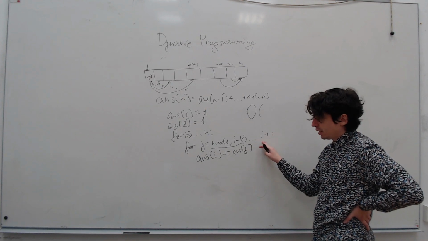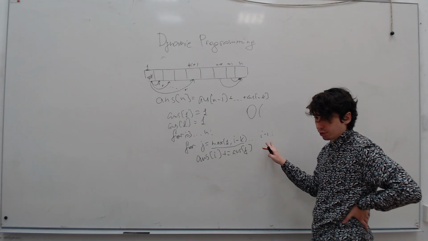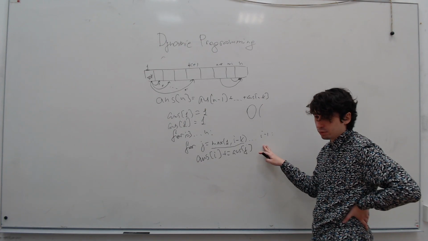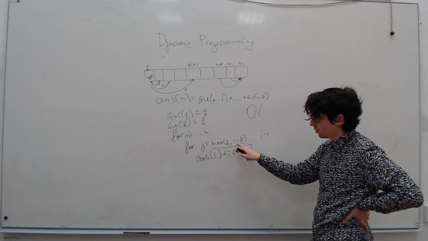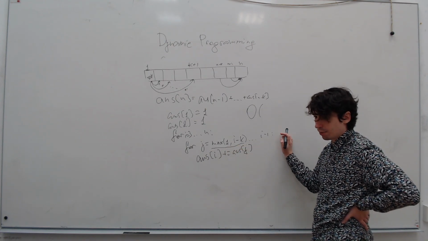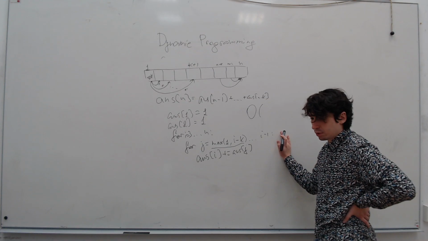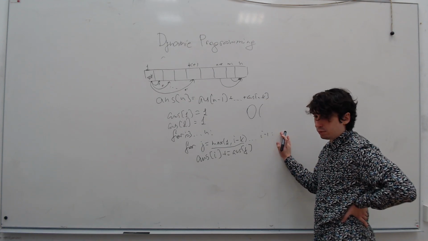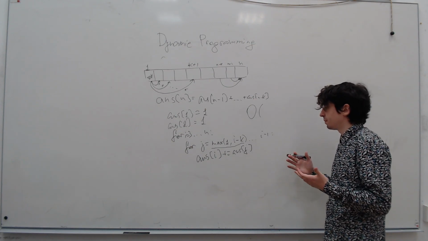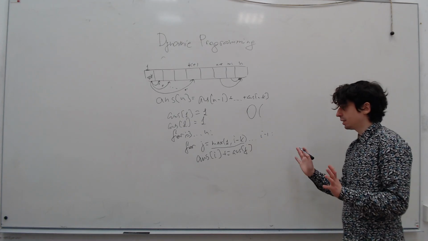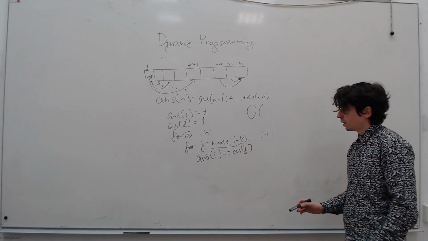But how many in the not worst cases do you think? If this maximum is always i minus k, how many iterations does this loop have? k minus 1? Yeah, to be more precise, k, but it doesn't matter.